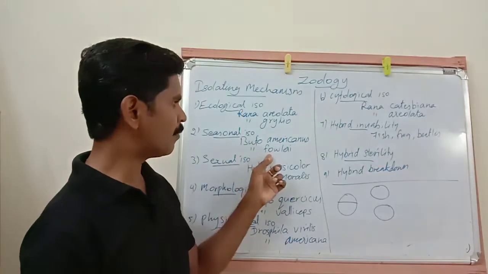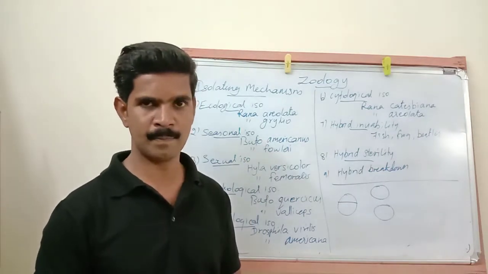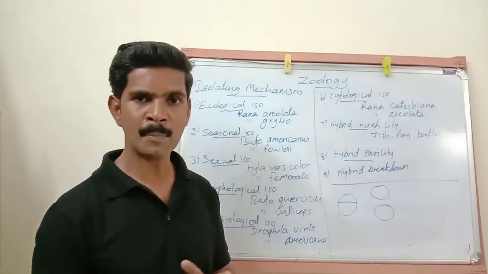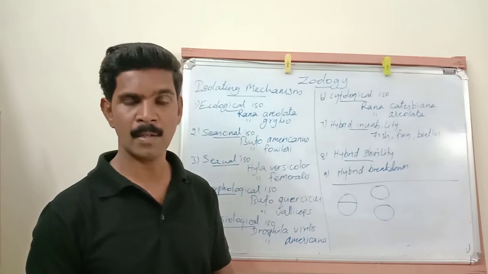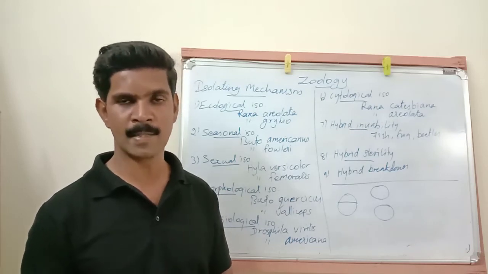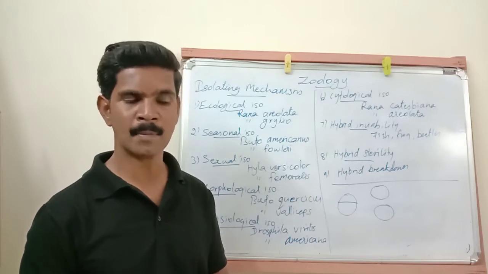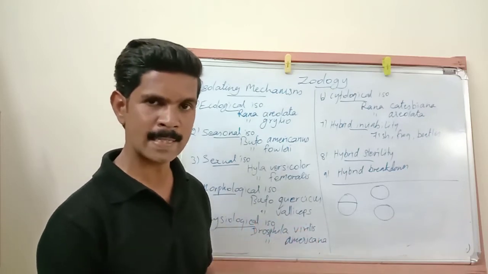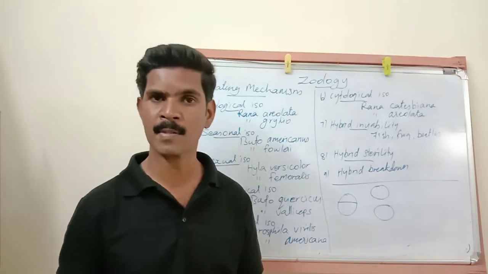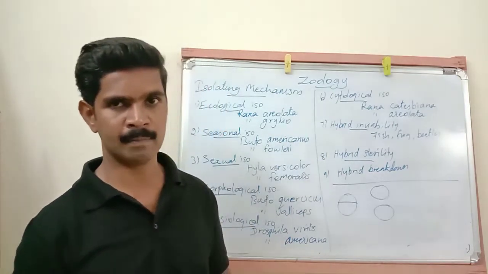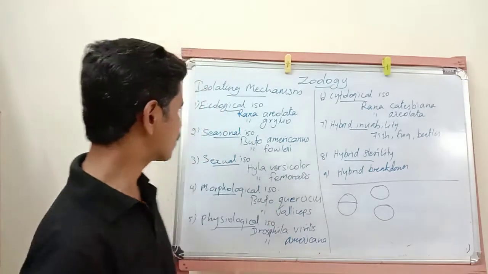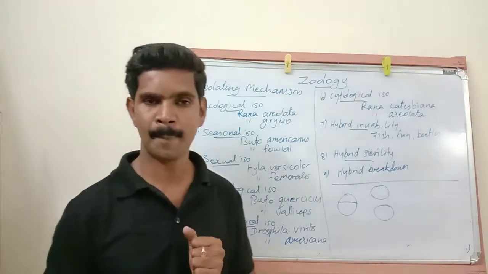But Bufo fowleri carries out reproduction during the later period of spring season. So because of the differences in the season of reproduction, the interbreeding is prevented. So this is called seasonal isolation.